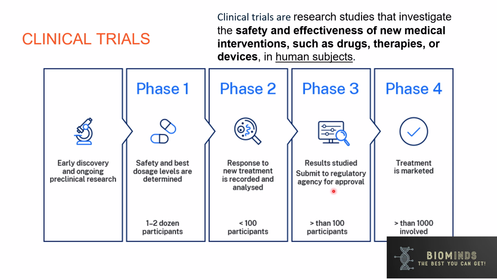You have to take permission, or basically the pharma company or the research institute has to take permission from the regulatory authorities to conduct the clinical trials on human subjects, because it's a legal process. Okay, so once you get the approval, this phase 4, that is the post marketing surveillance, or post marketing phase. So phase 1, phase 2, phase 3, phase 4.